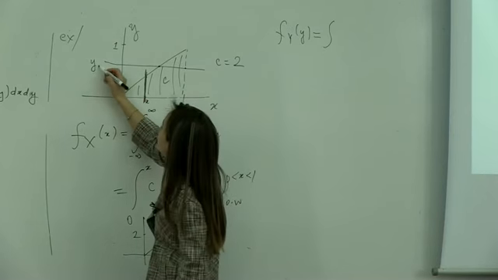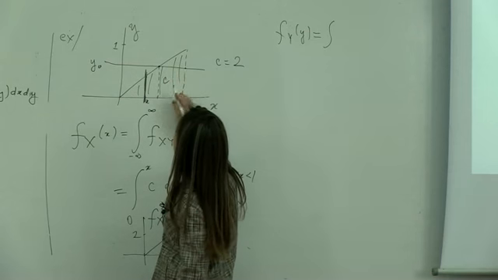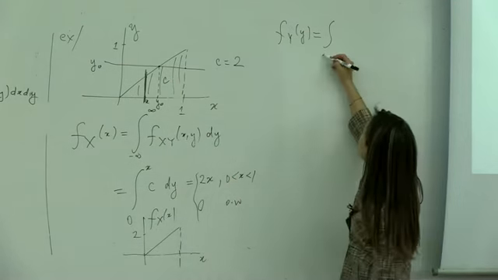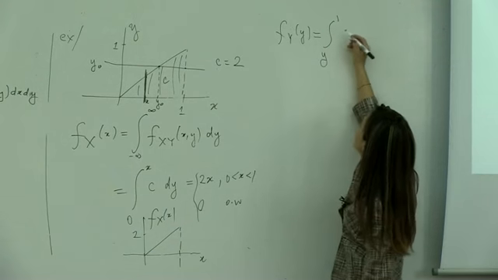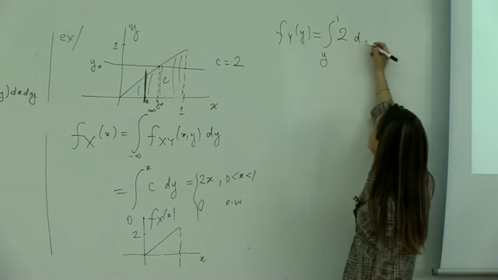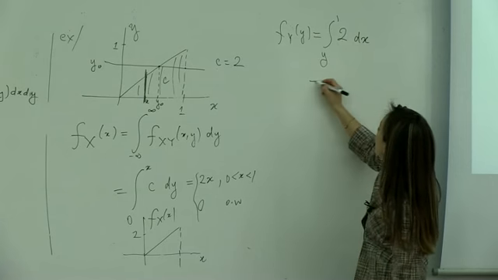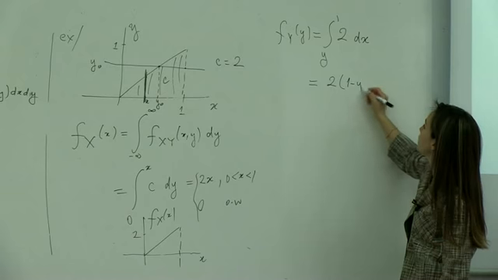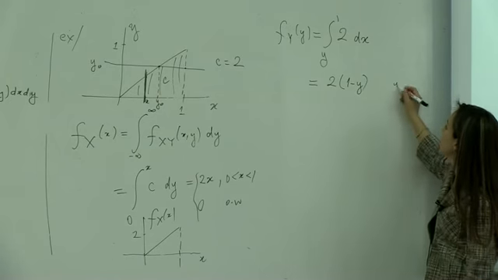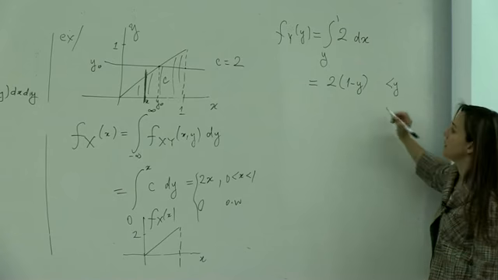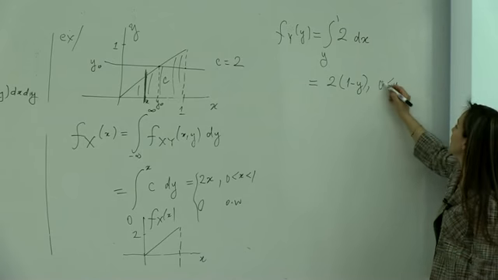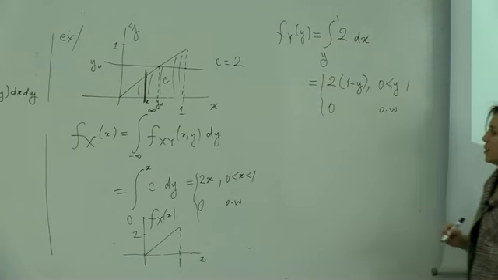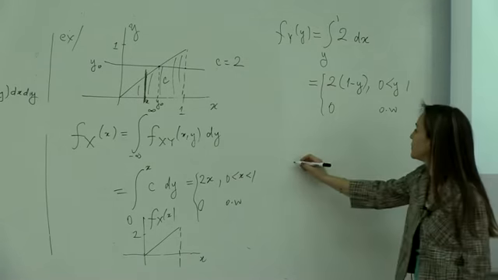Given y equal to y0, x goes from y0 to 1. We have 2 dx. So the integral is equal to 2 times (1 minus y), as long as y is between 0 and 1, and 0 otherwise. So that is the marginal of y.